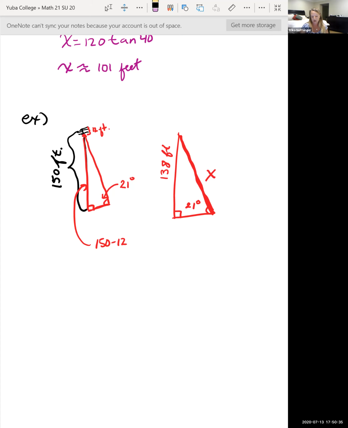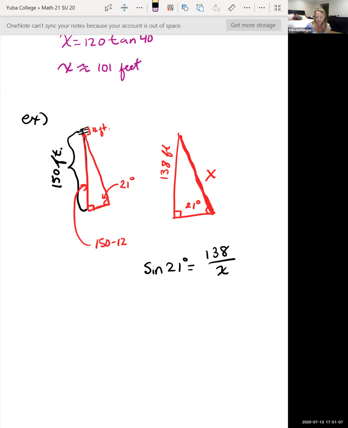So from the angle that we're looking at, 21 degrees, we're given the opposite and we're trying to find the hypotenuse. So now you're thinking to yourself, what uses opposite and hypotenuse? Hopefully you all came up with sine of our angle, 21 degrees equals the opposite, which is 138 feet, all over the hypotenuse x.